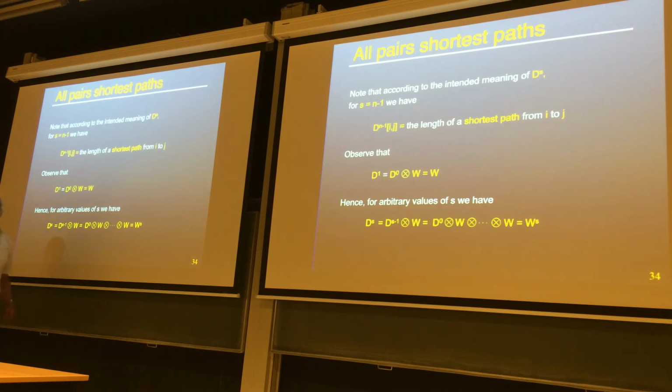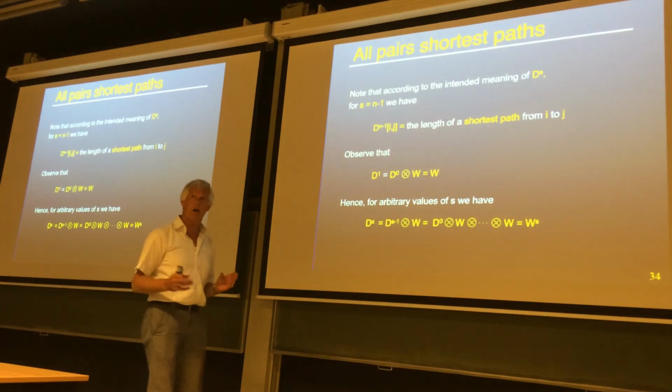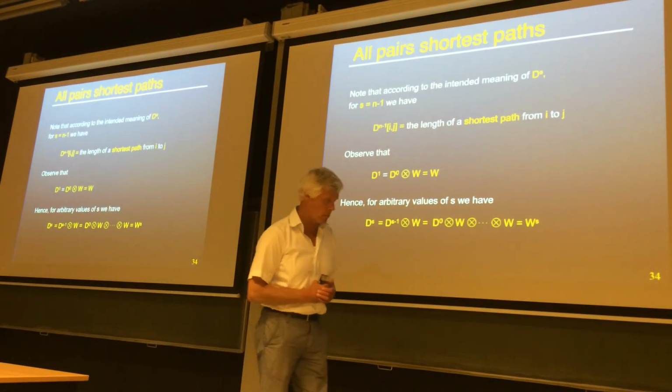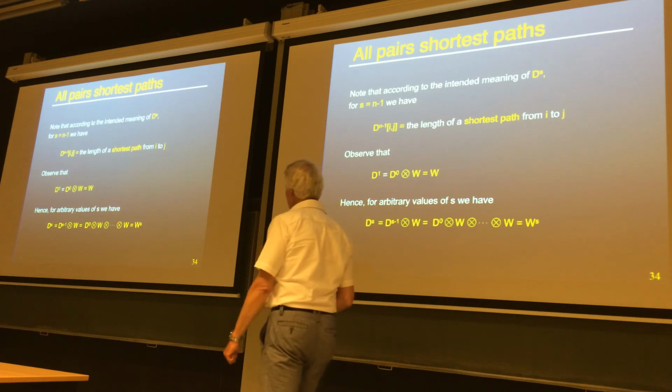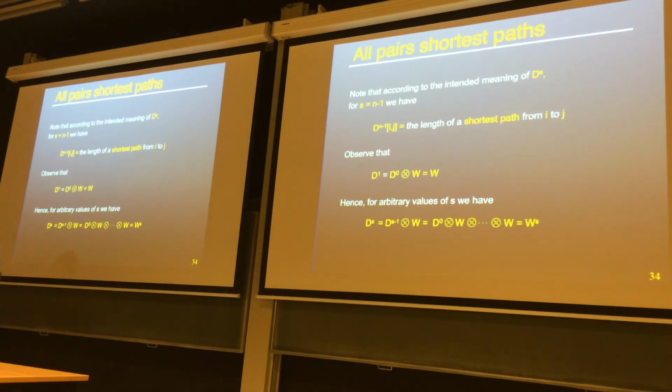Because if we have found DS for a certain s, we would like to find all shortest paths between nodes. Well, we know that if you take for s the value n minus 1, then you are sure to have computed all possible shortest paths between i and j, because the maximum length of a shortest path cannot contain more than n minus 1 vertices.